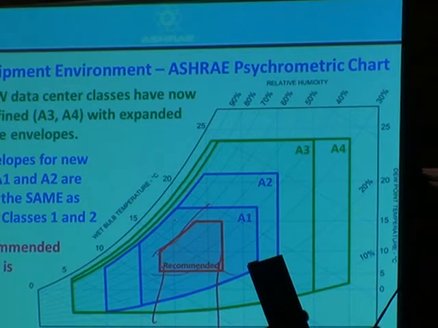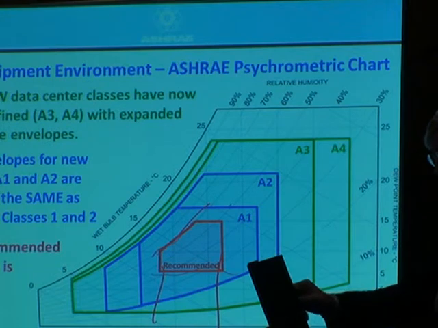It doesn't mean you can't run above 60% for short periods of time, but you don't want to run 80% for weeks and weeks on end. So you want to try to stay within that box, 18 to 27, most of the year, and within the moisture boundaries also.